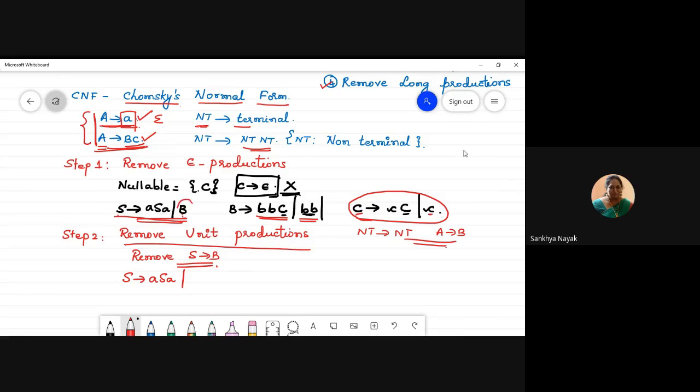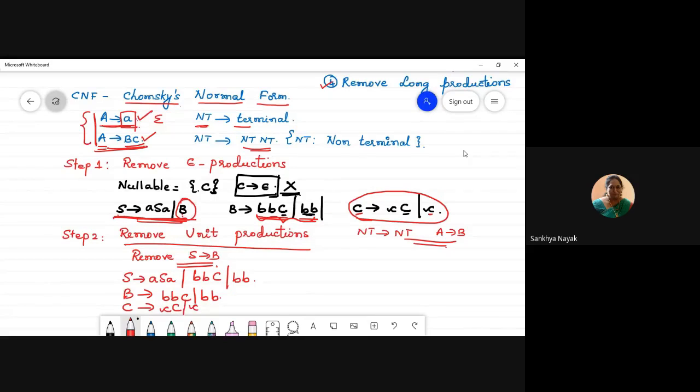Then B should be replaced by the right hand side of this B derives something. So in place of B, I will write BBC and BB. Okay. So that's my first production. Second one remains as it is. B derives BBC and BB, and third also remains as it is.